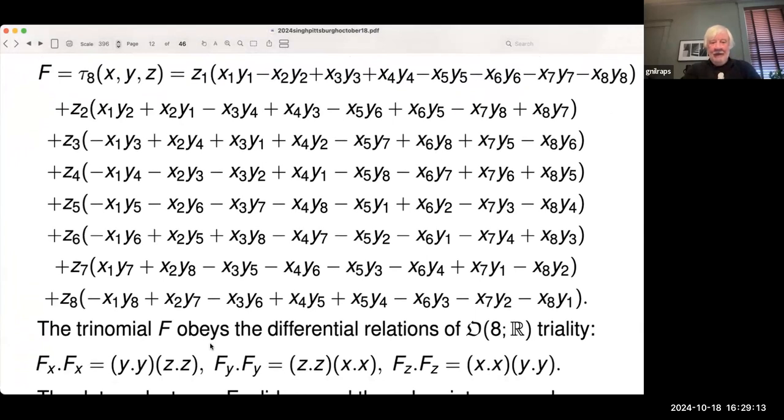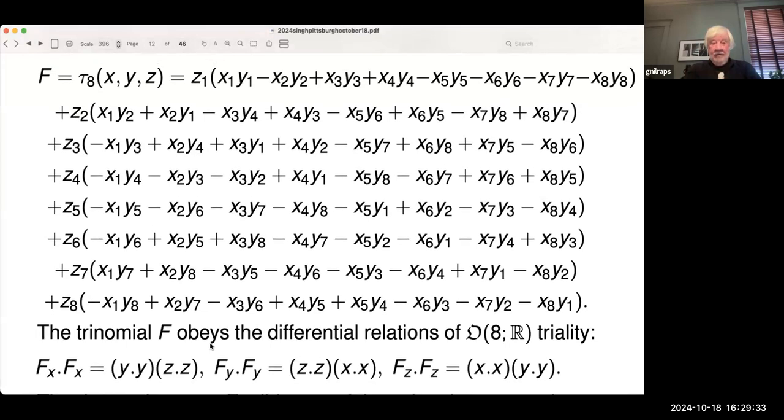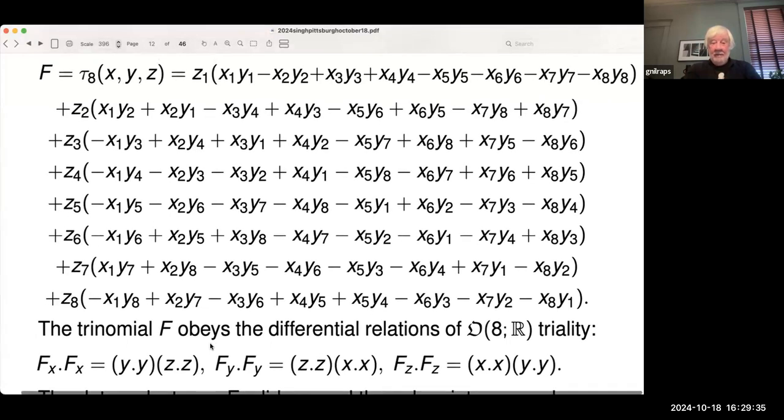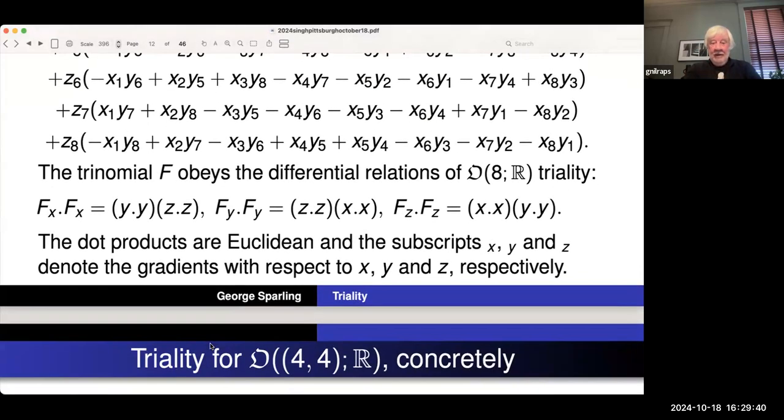But it turns out that if you differentiate appropriately, it obeys simple differential relations, namely that if you differentiate with respect to either x, y, or z, the resulting thing dotted with itself, if I differentiate with respect to x and dot it with itself, I get the product of the quadratic forms on the y and z space. Okay, so that's one version of triality.